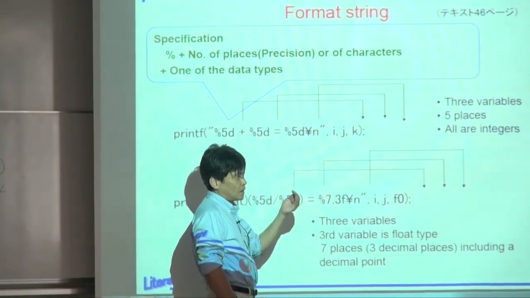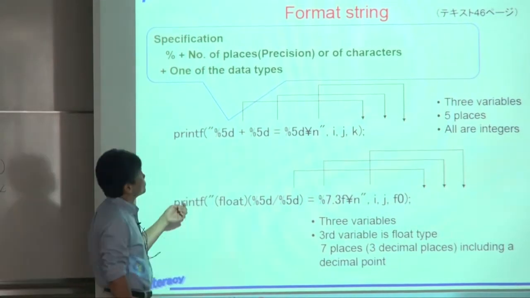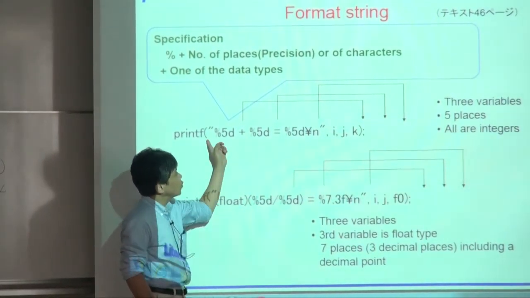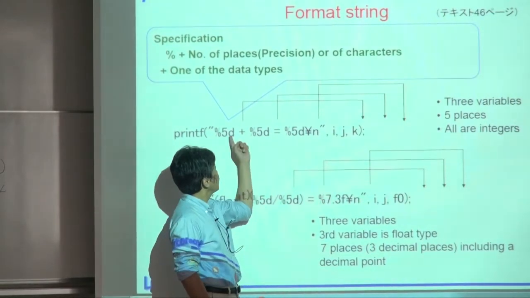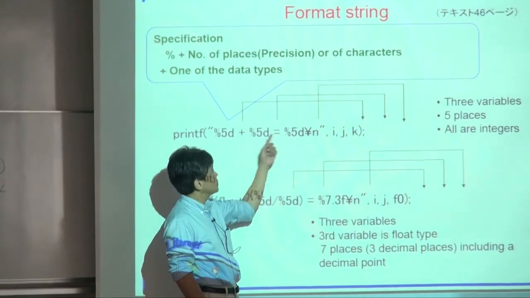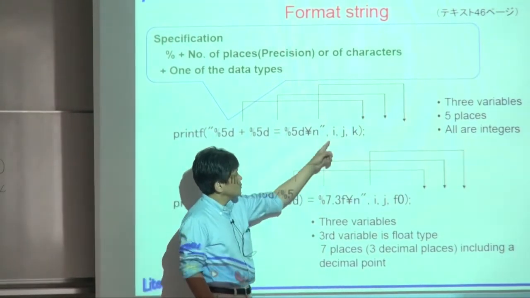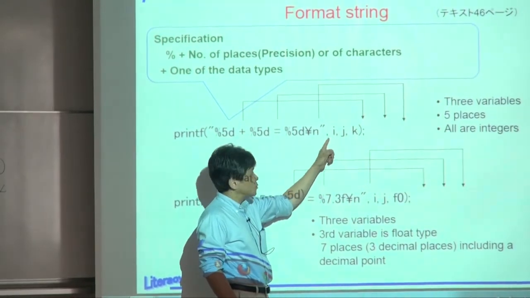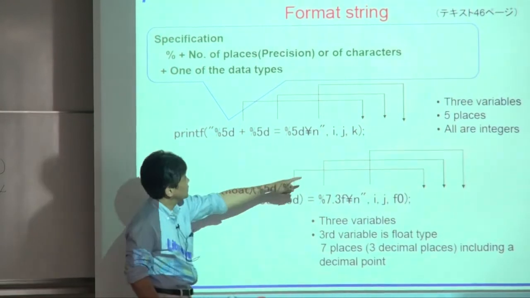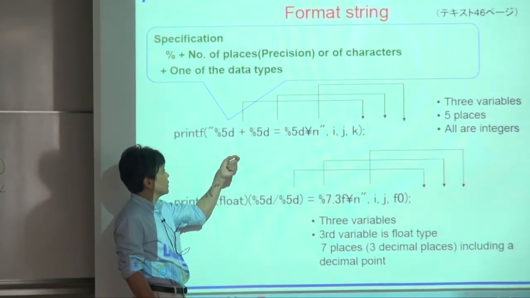Hexadecimal, octal, also okay. In this case, inside one format string there are four code strings D. As I explained, D means a decimal number. So the actual value of this variable i is output on the computer screen.